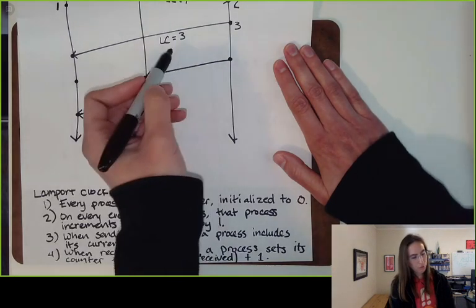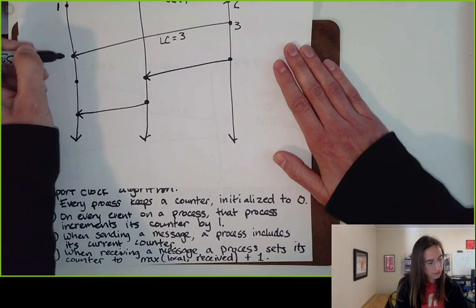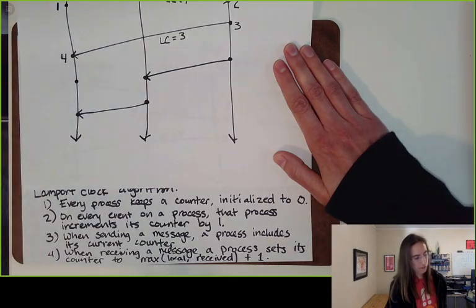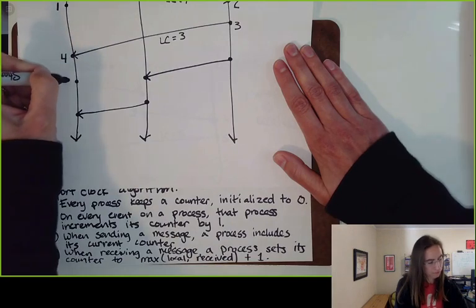Right, 3 is bigger than 1, so the Lamport clock of that event will be 4. Here's another internal event, so that one gets 5.